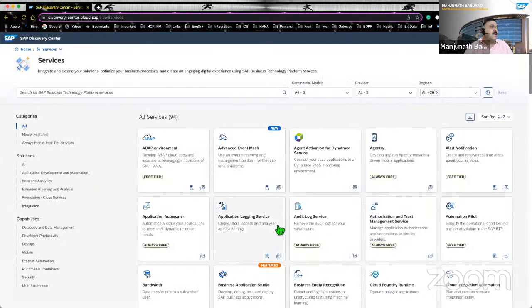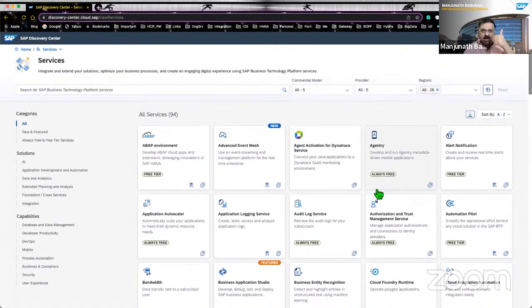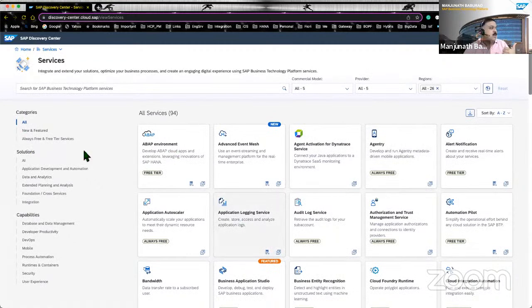So the first one is the services aspect. Now you see that this is a clear-cut first point of entry where you can find everything to do with what kind of services are there on BTP, what different capabilities it caters to, and whether it gives you a free trial environment for you to try things out.